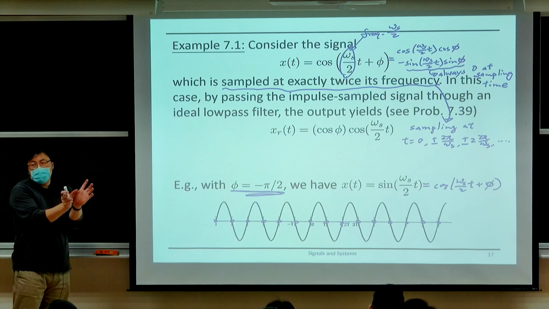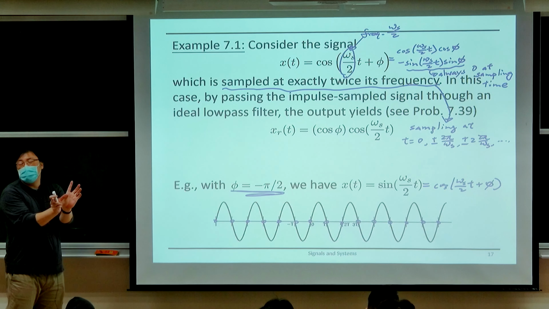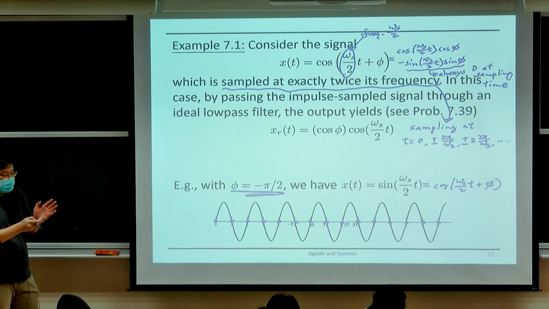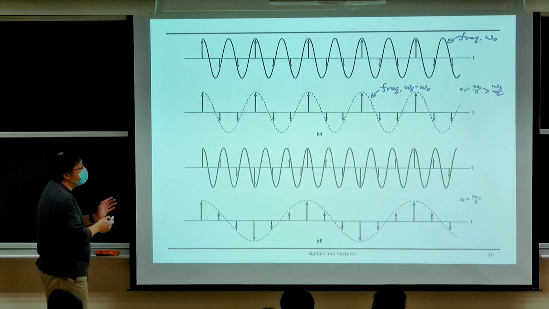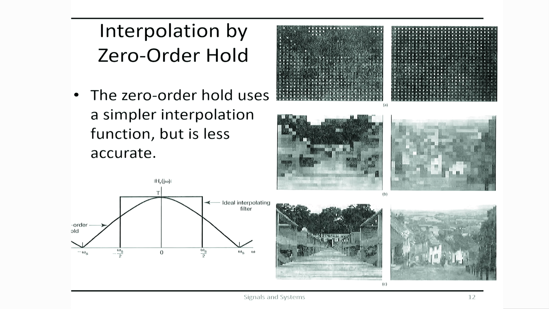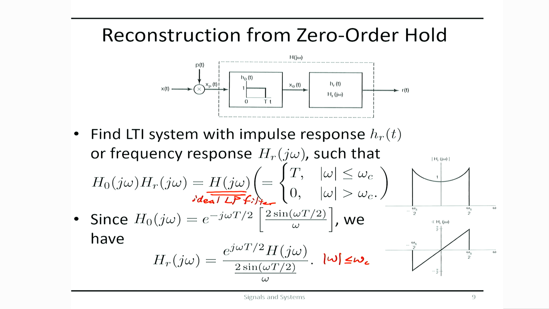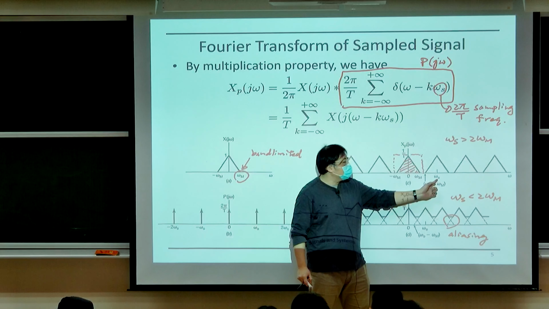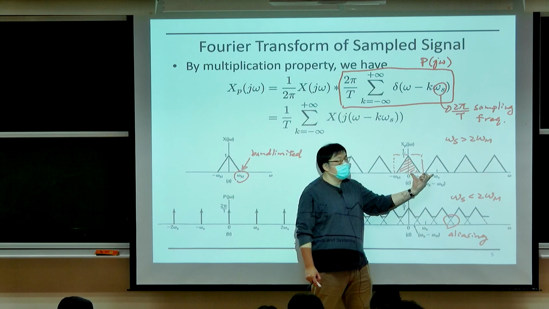But actually, in practice, you never want to choose omega s so close to twice the bandwidth. In practice, you would not want to choose omega s so close to 2 times omega m.